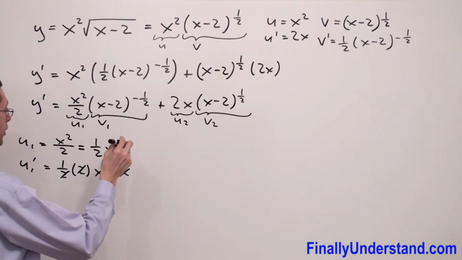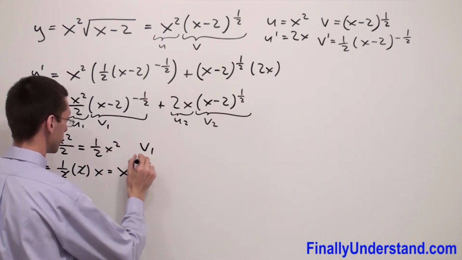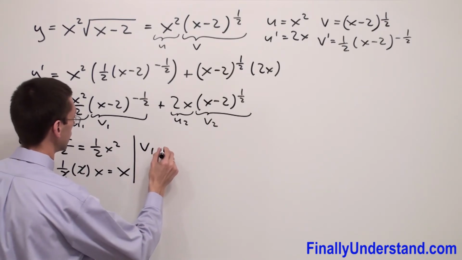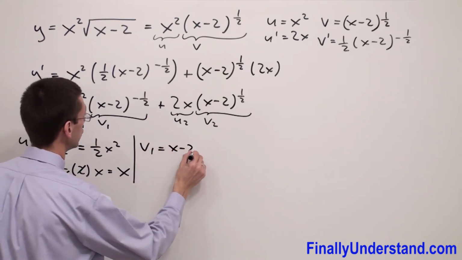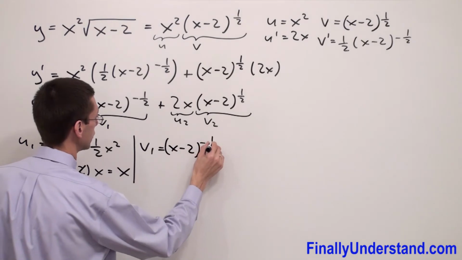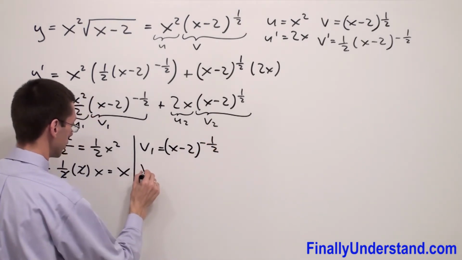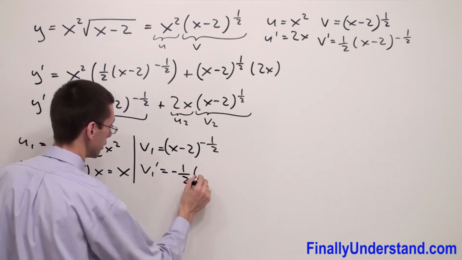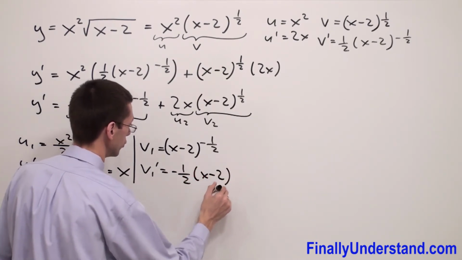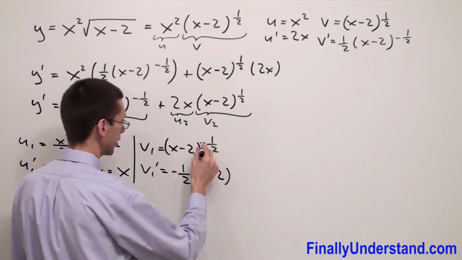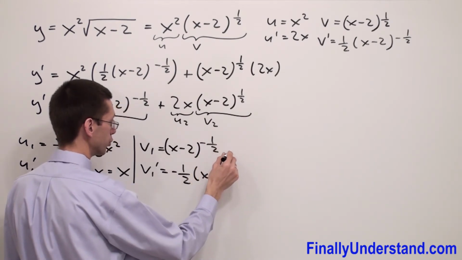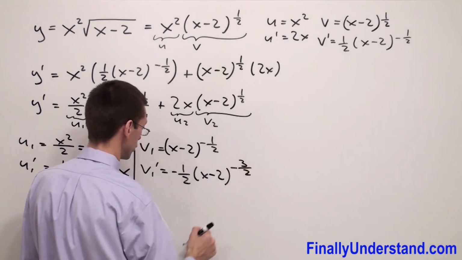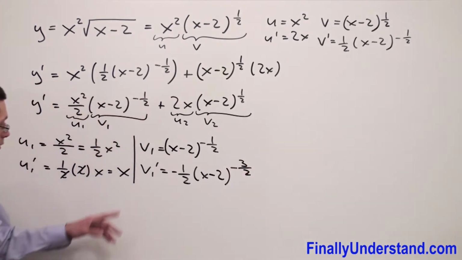Next we're supposed to find v1. So I have v1 is (x minus 2) to power negative 1/2. v1 prime is equal to negative 1/2 (x minus 2), and negative 1/2 minus 2 over 2 will give me negative 3 over 2. So this is my v1 prime.